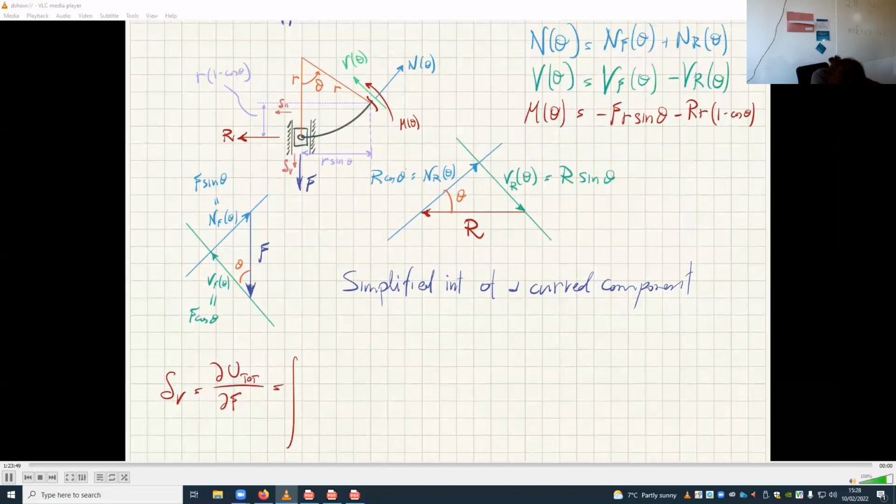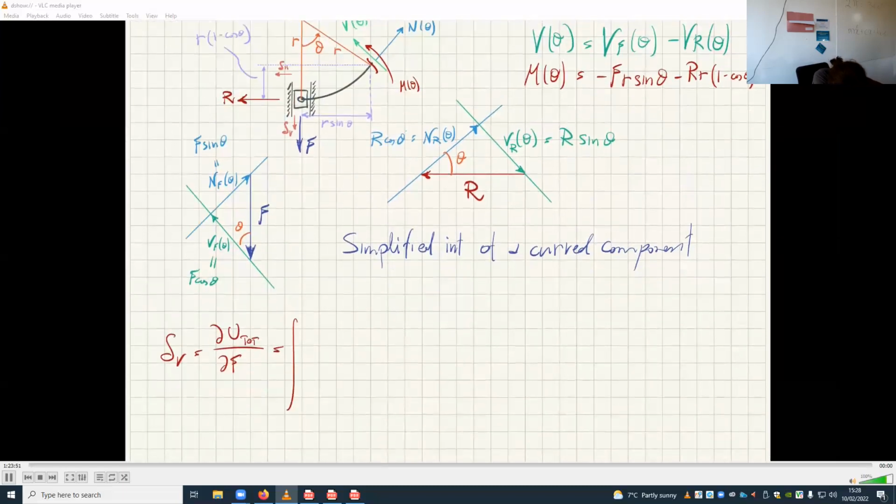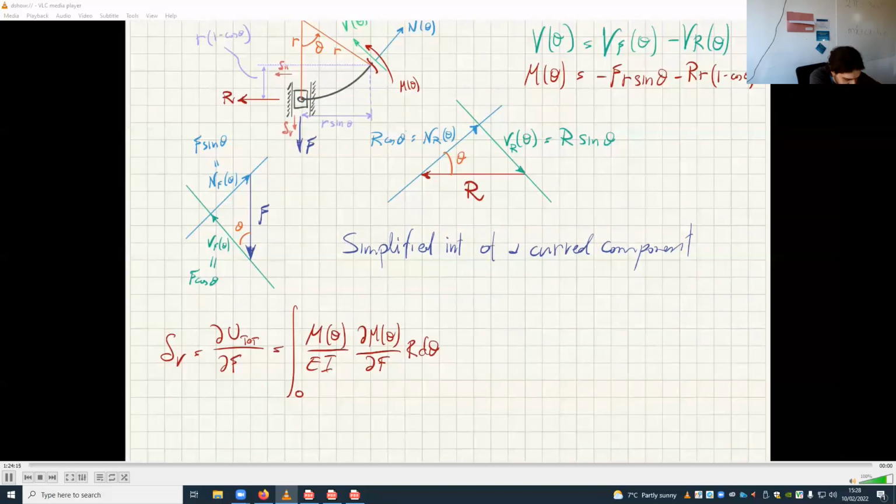If you want just bending, that means this is just m of theta divided by EI times the derivative of m of theta in F, r d theta. And this goes from 0 to 3/4 of a circle, so it's 3/2 of pi.